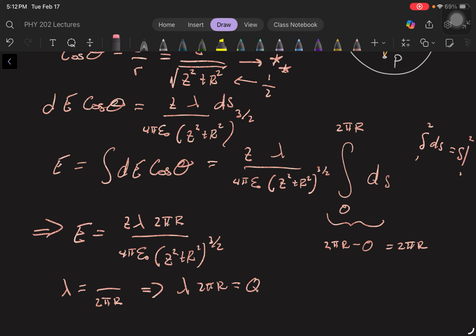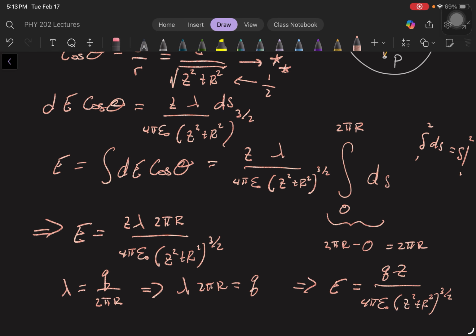Actually, let's do a lowercase q for whatever charge that ring had. And so we can say E is equal to qZ over 4 pi epsilon naught Z squared plus R squared to the 3/2.